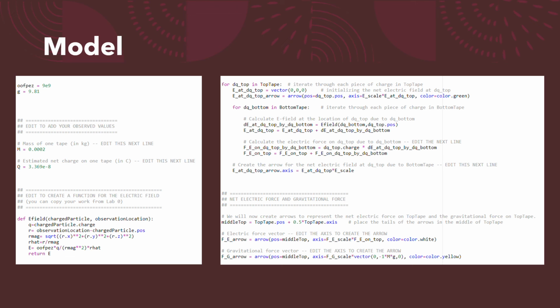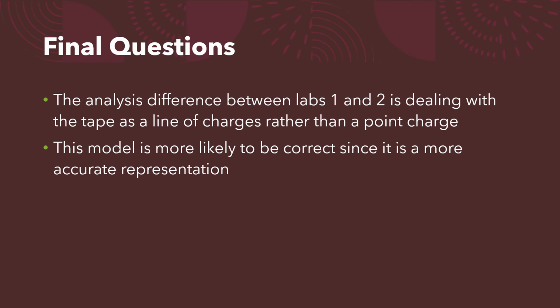The charge of tape here was 3.369 times 10 to the negative 8, which is somewhat bigger than the charge we calculated in Lab 1, which goes to show that this lab was probably a bit more accurate in calculating the electric force because it was able to incorporate more of the environment and the overall charges along the piece of tape rather than narrowing down to one single point charge.